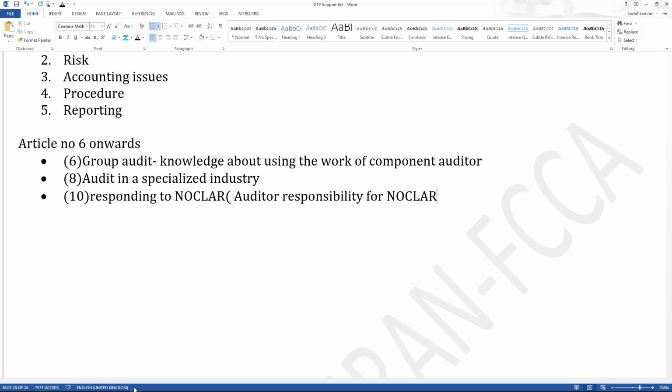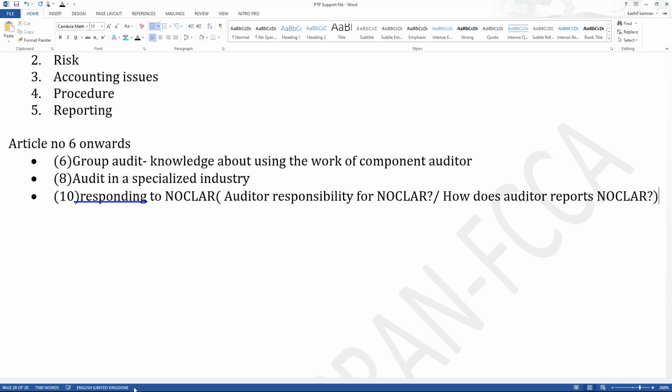Next, as a student, you should know how the auditor reports NOCLA. These are two very important things you should know from this article. It's a knowledge article. You might get a 5 marks question on the responsibilities of an auditor towards non-compliance. What will you do then in the March 21 exams? These are knowledge articles. Move on to further knowledge articles.